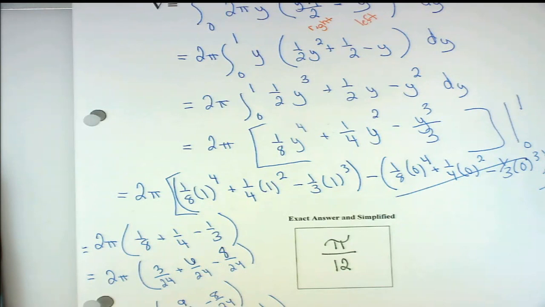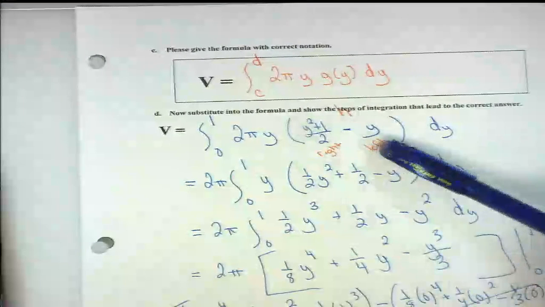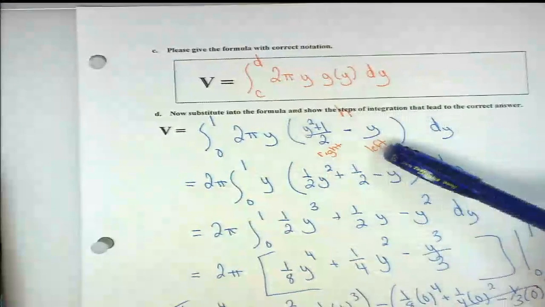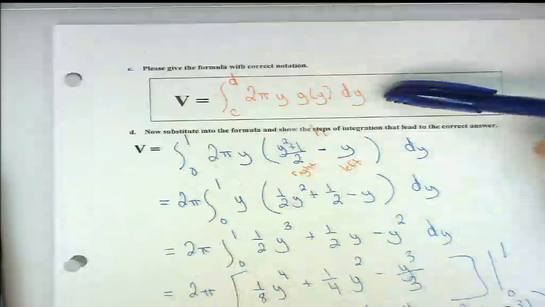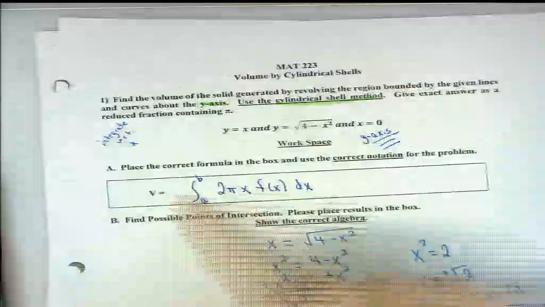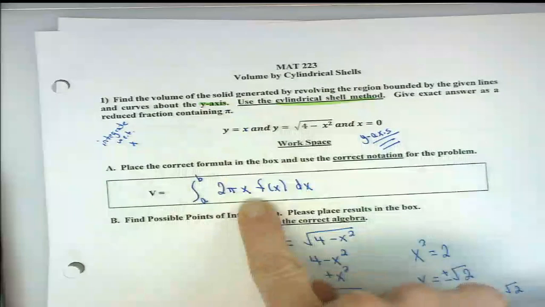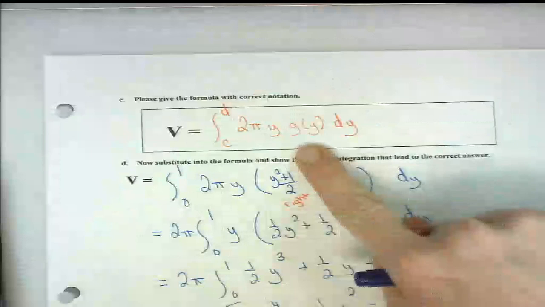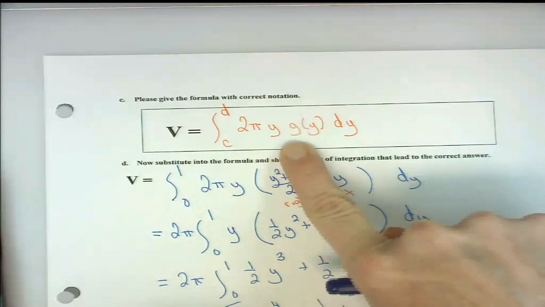Sometimes with these problems, cylindrical shells, they give one curve, one function, and you basically, but when I ask you, as in the first problem, the general formula when you're integrating with respect to y, then the axis of revolution had to be the x-axis, so this would be the general formula.